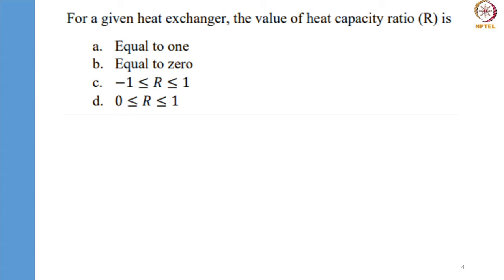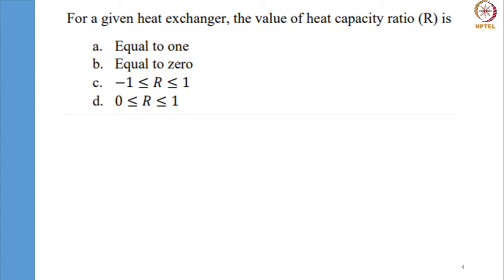Okay. Can you give cases where R equals 0 and R equals 1? Do you have any examples, or any idea in your mind that for this case R equals 1 and for this case R equals 0? Sir? Yeah.